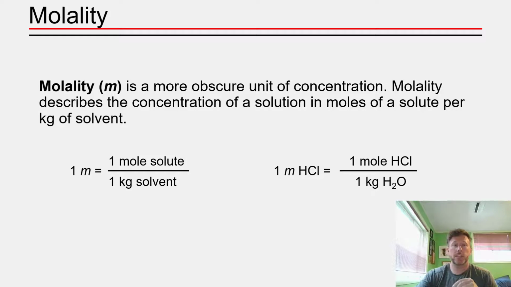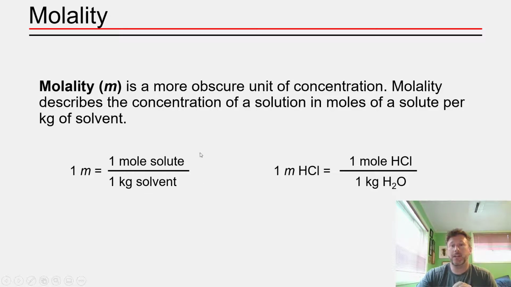The fundamental definition of molality is a little bit different from molarity in the sense that 1 molal is 1 mole of solute, so the numerators look the same, but the denominators are different. Molal expresses concentration as amount of solute per mass of solvent, which is fundamentally different than molar as a concentration unit. So 1 molal is 1 mole of solute per kilogram of solvent.